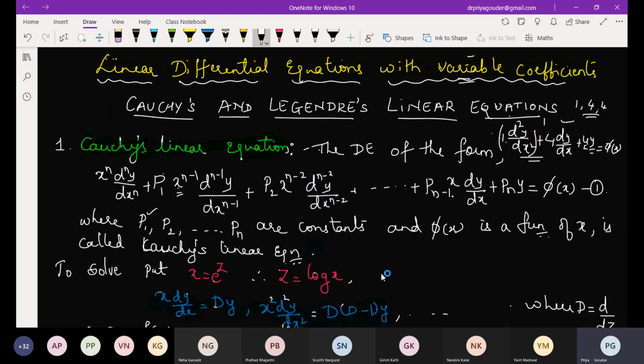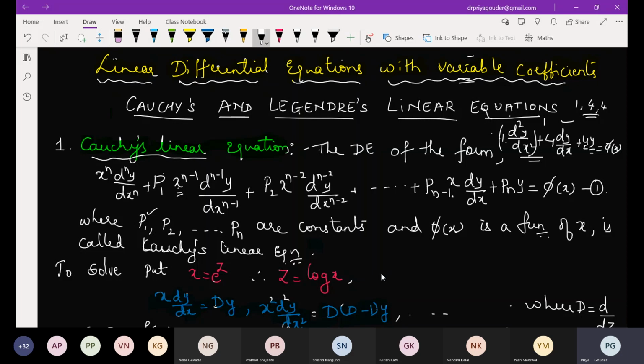Now for your study, this has many parts because a variable can be of many varieties. In that you have two: first one is Cauchy's linear equation and the second one is Legendre's linear equation. Today I am going to start with Cauchy's linear equation.